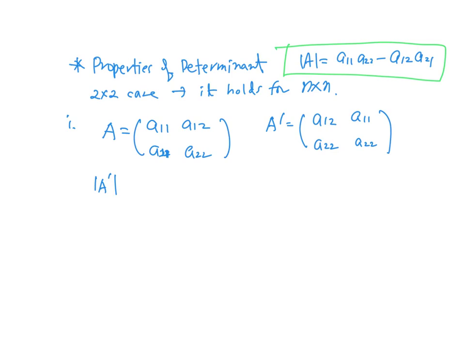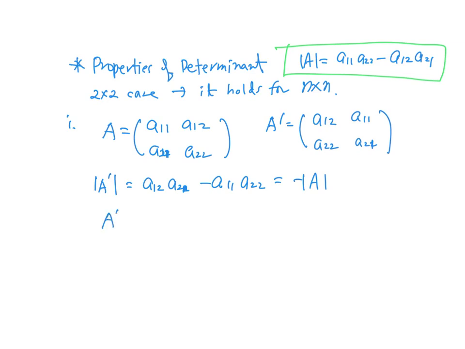The determinant of A prime is actually A12 A21 minus A11 A22, which is minus the determinant of A, right? And if we change the rows, what happens?